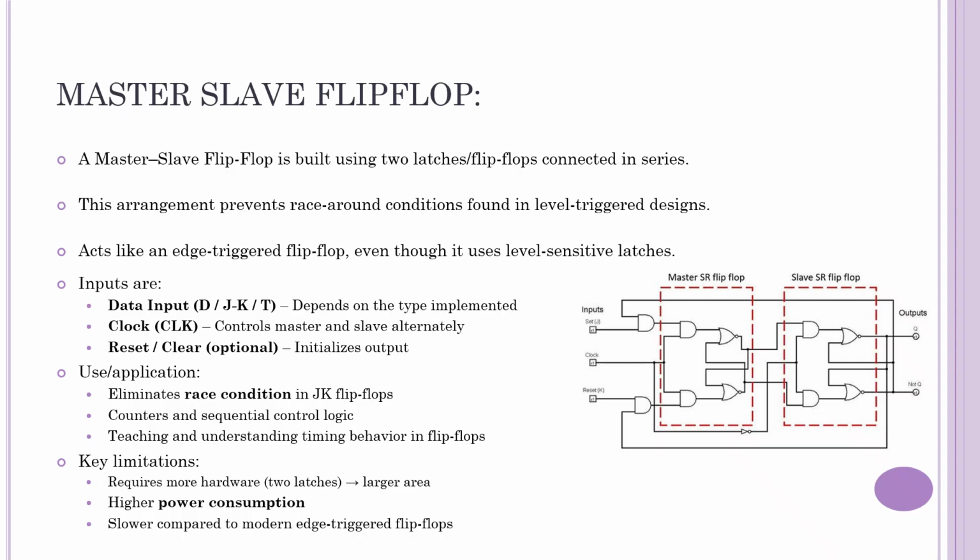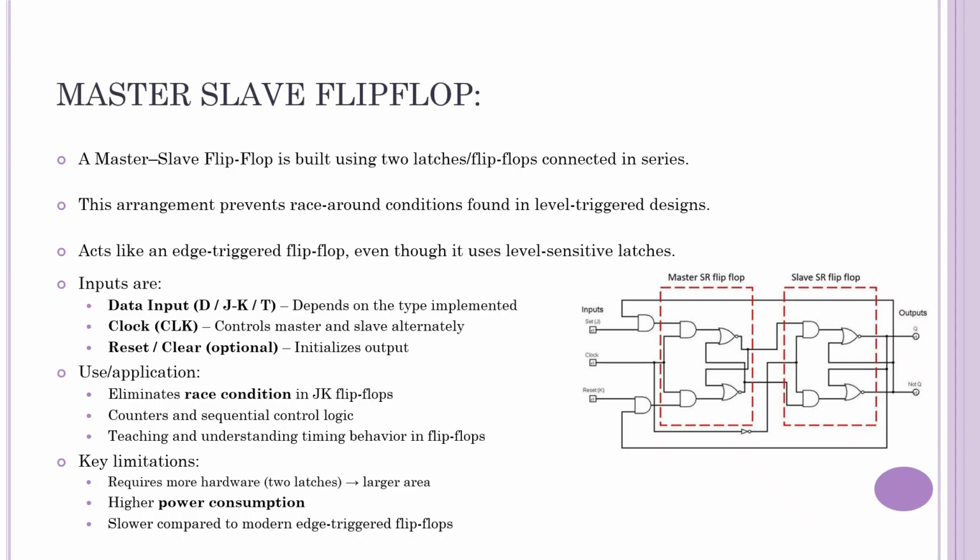Now, let's move to something really important in flip-flop evolution, the master-slave flip-flop. So, what exactly is it? A master-slave flip-flop is built using two latches connected in series, one called the master and the other called the slave. And here is the interesting part. When the clock is high, the master is active.